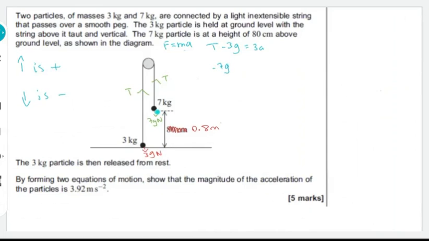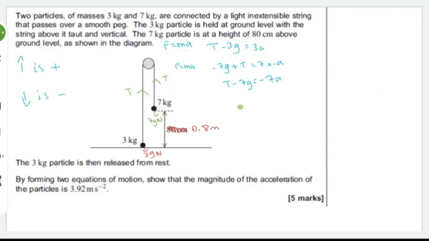And then I've got the tension acting upwards, so plus T. Again, I'm using F equals ma, so that's the resultant force on the 7 kg mass. So minus 7g plus T is equal to mass, which is 7, times acceleration, which in this case is minus a. If I tidy that up, I have T minus 7g equals minus 7a.